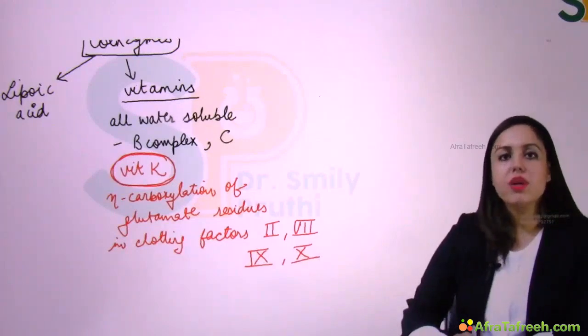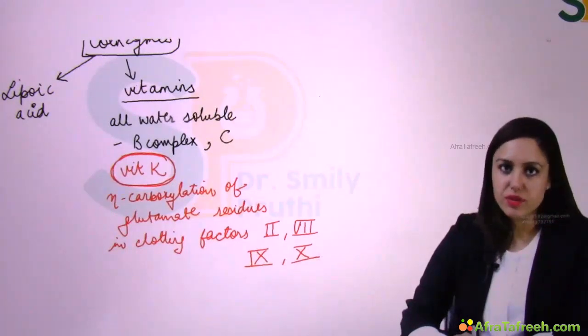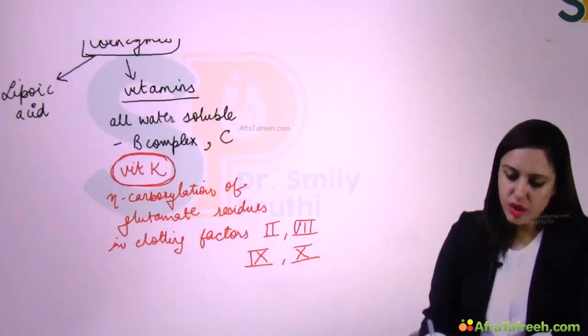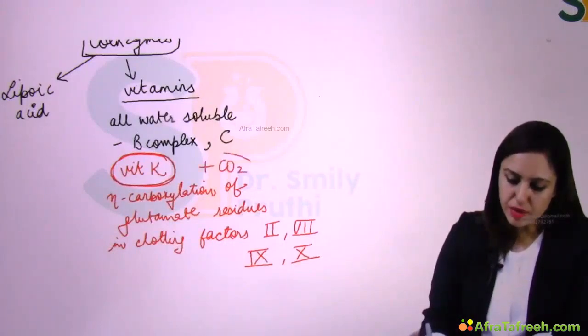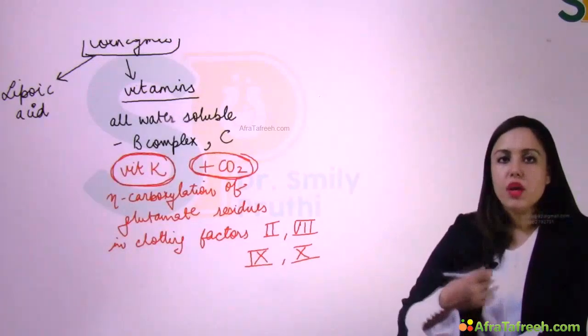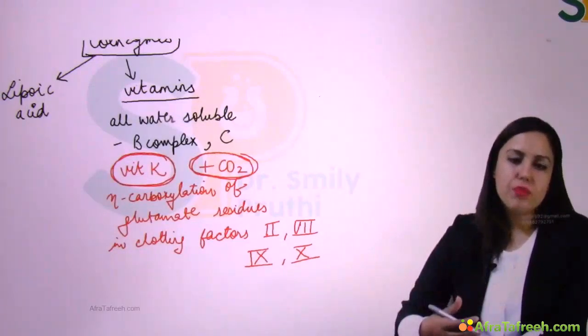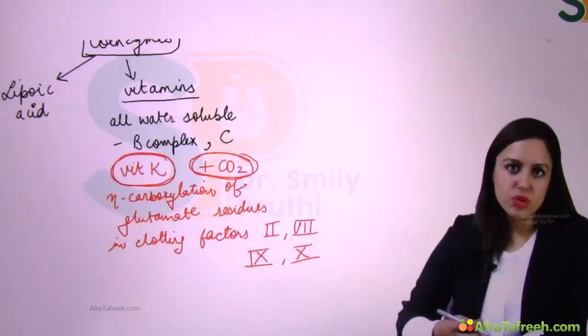These are vitamin K dependent clotting factors, right? So here, in adding carbon dioxide on the glutamate residue, vitamin K plays a coenzyme role, right?